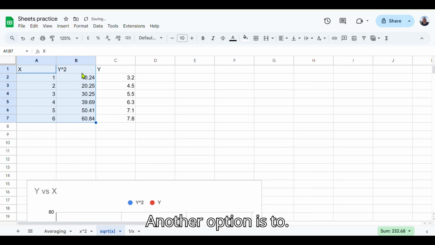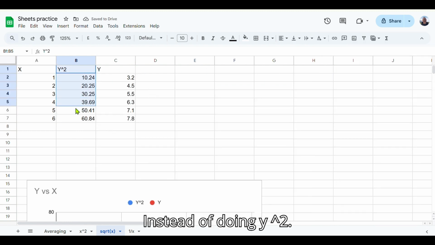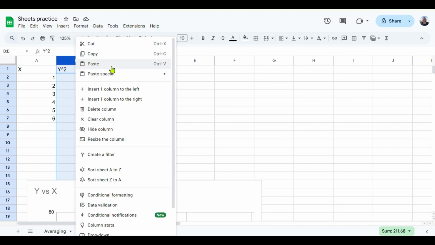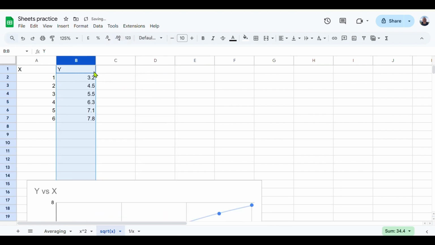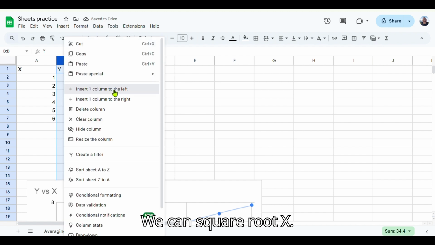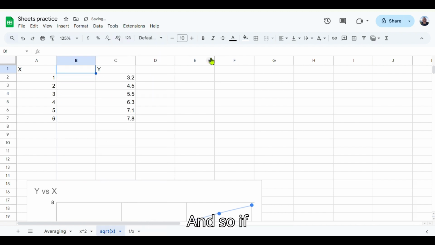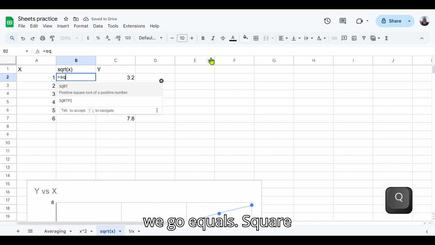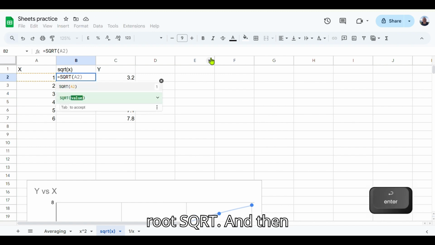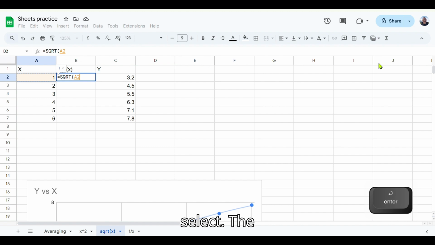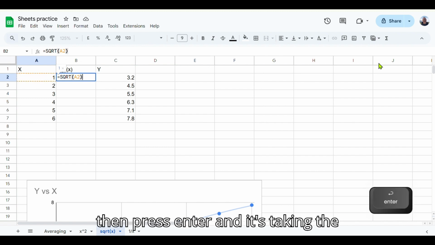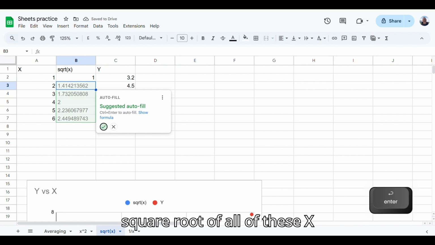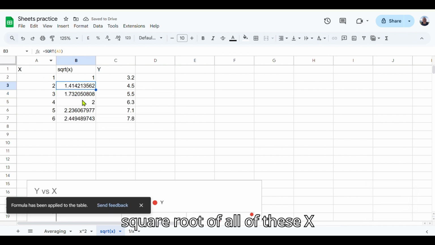Another option is to, instead of doing y squared, we can square root x. So we go equals sqrt, and then select the cell, and then press enter, and that's taken the square root of all of these x values.